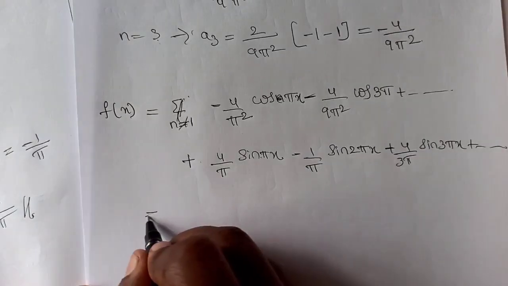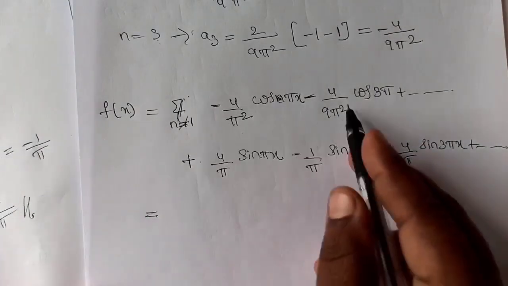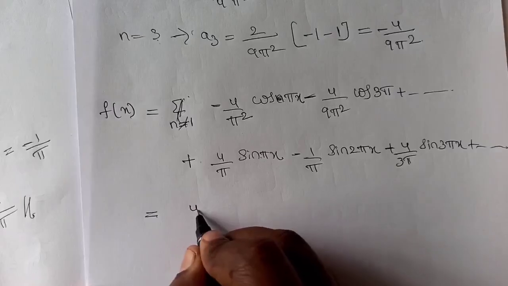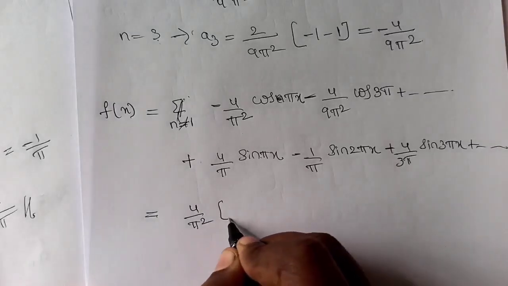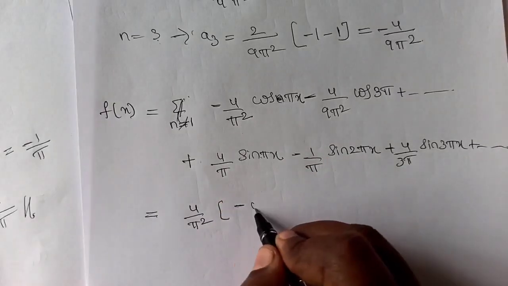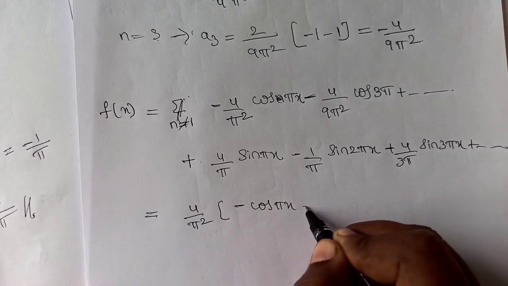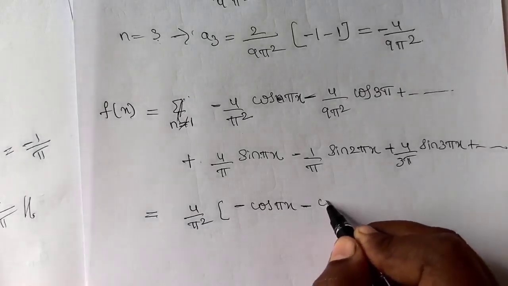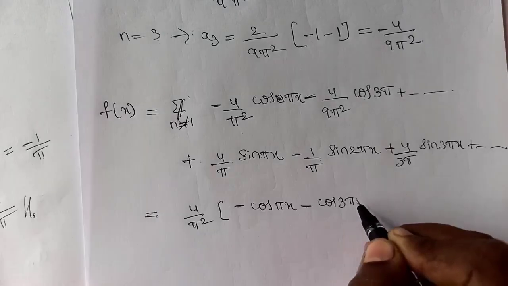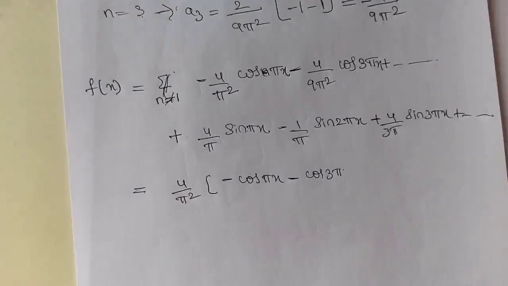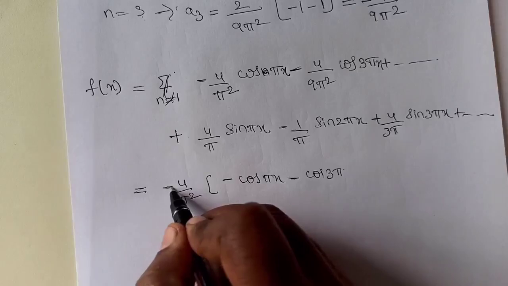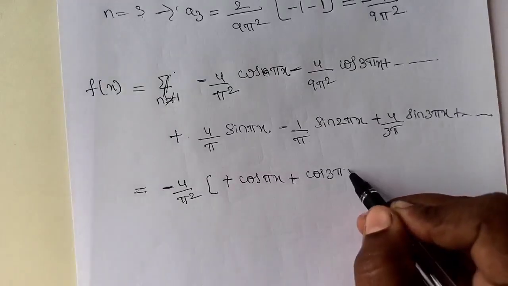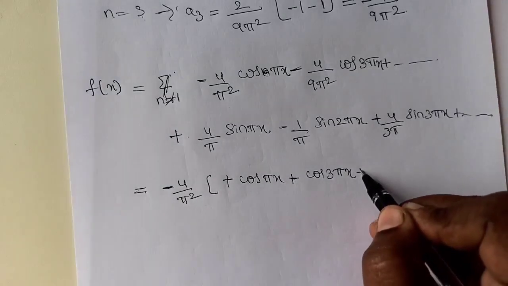Or in this we can take 4 by pi square as common, so it becomes minus cos of pi x minus cos of 3 pi x, and if we take the minus sign outside as well, it is plus cos of 3 pi x and so on.